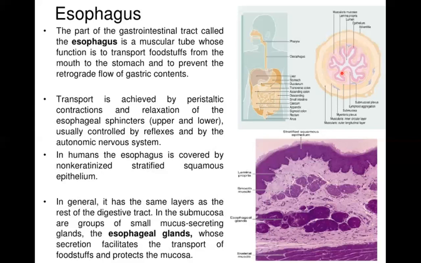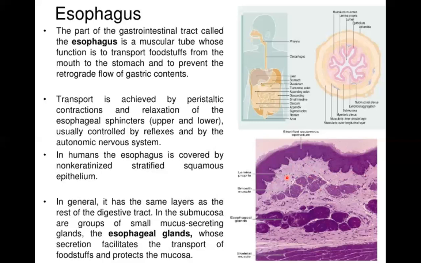At these two regions, we will have esophageal cardiac glands. They are responsible for the secretion, mostly mucus, for lubrication of the surface lining of the esophagus, and for protection of course. So this is the second characteristic feature.